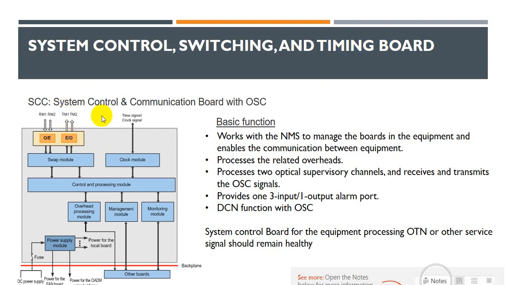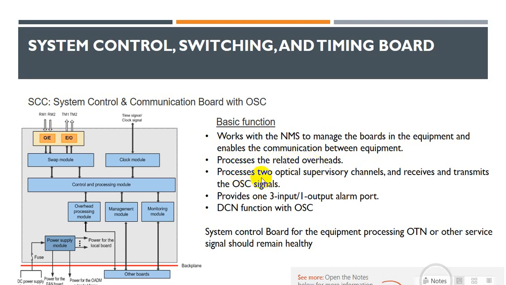So SCC, this is the basic building block of SCC, system control and communication board, and this board in 1800 also has the functionality of OSC. So this board is made of two boards actually. One is the supervisory board as well as the control board. So this is SCC in 1800. So this works with NMS, and we can manage the network element through this board, and it processes all the overheads.